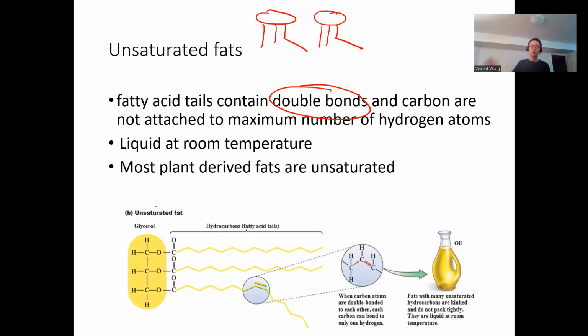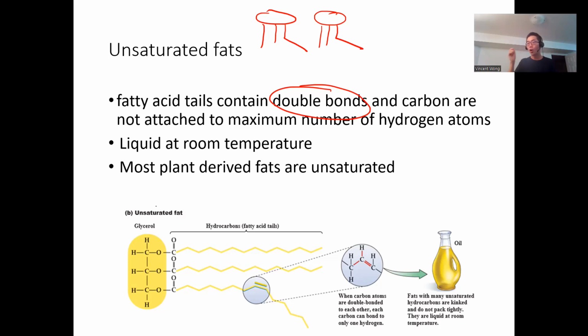Most plant-derived fats are unsaturated. Olive oil would be an example. Any other oil that is unsaturated that you can think of? What do you guys cook with? Coconut oil. Okay, Hiba, you actually read my mind, sort of. I wanted to talk about coconut oil as an exception.